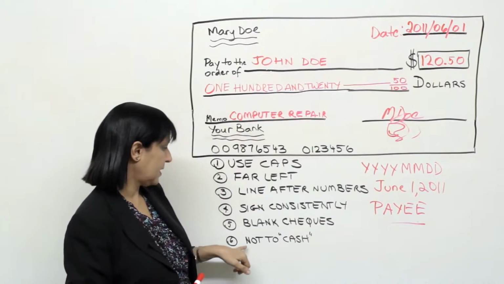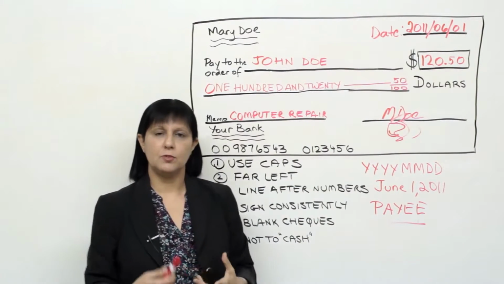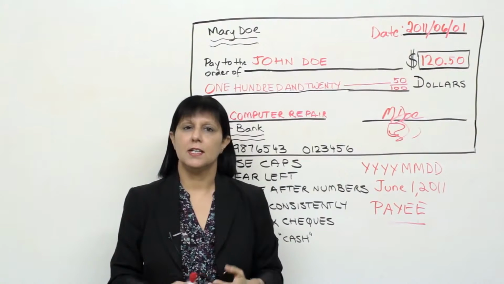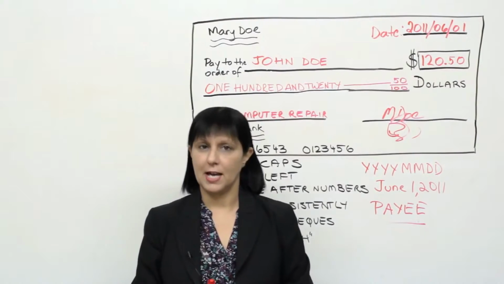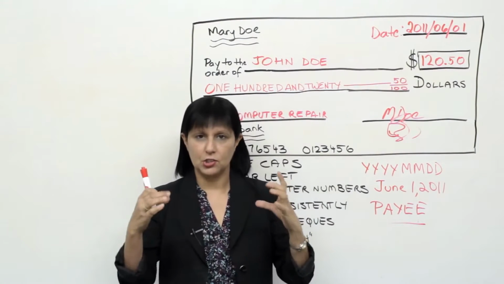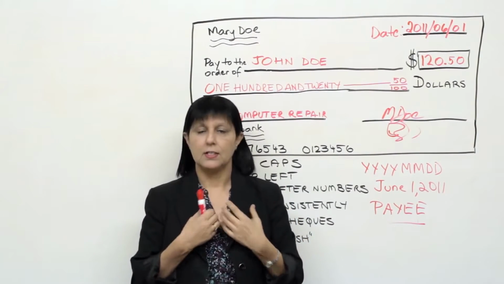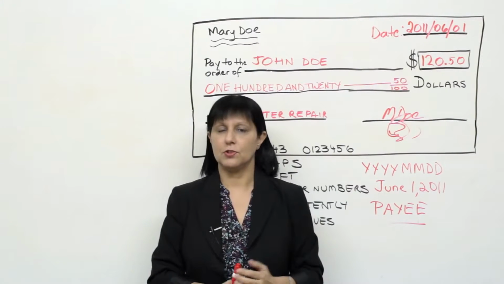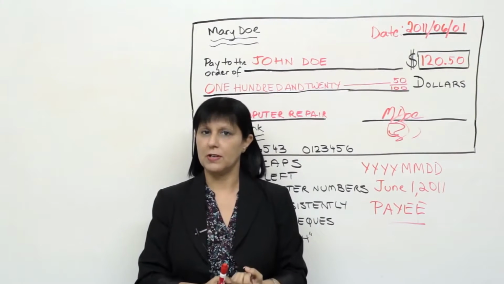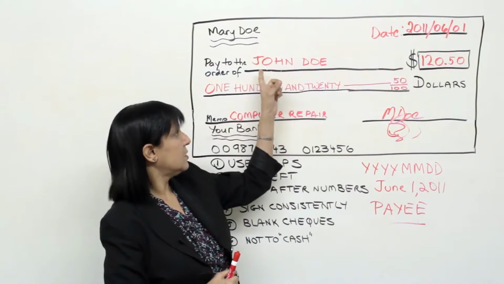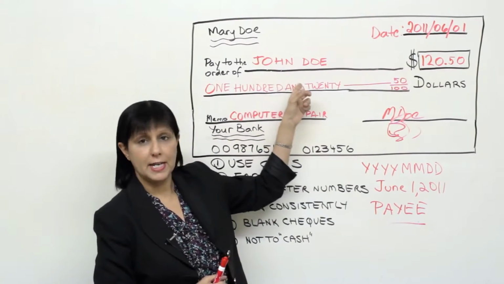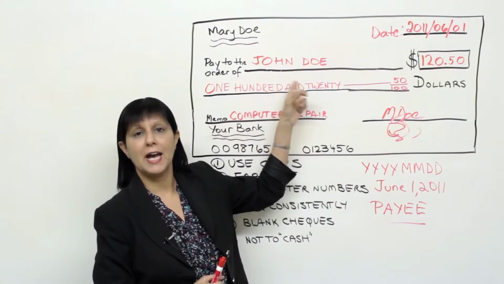And also, sometimes when you go to the bank in many countries, if you want to withdraw cash for yourself, people are sometimes asked to fill out a check to themselves. So when you do that, if you're just using the check to withdraw cash, just make sure that you write here your name. Do not write here "cash."